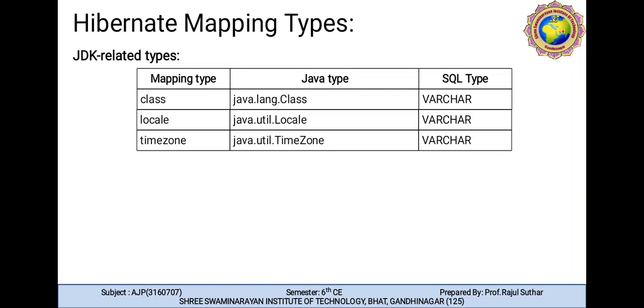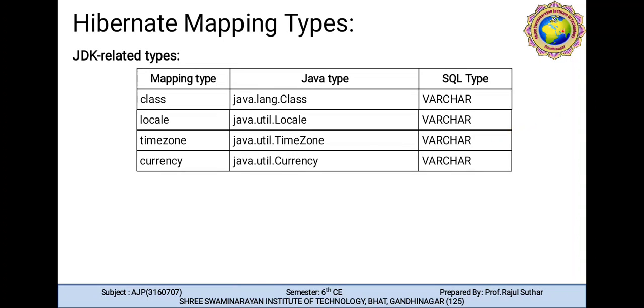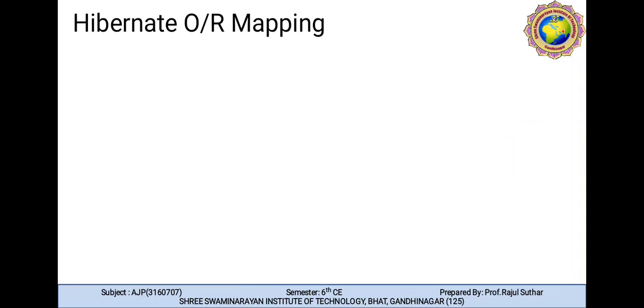Time zone is one data type, which we use as java.util.TimeZone, while in SQL data type we use characters, so it is stored in VARCHAR. Currency we can use in Java by java.util.Currency, and the SQL type is VARCHAR.